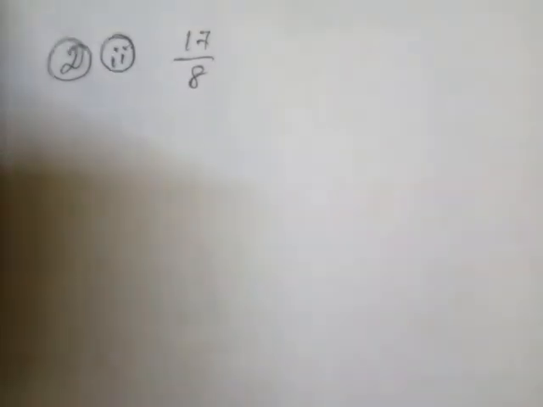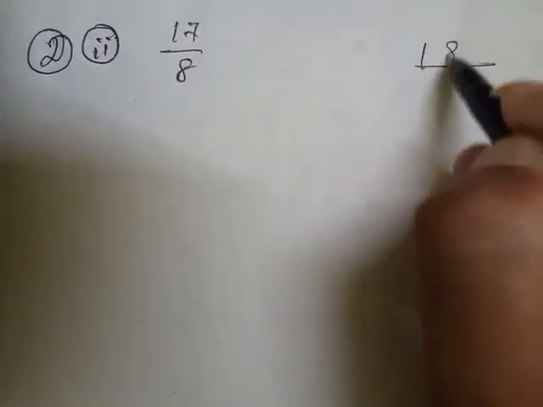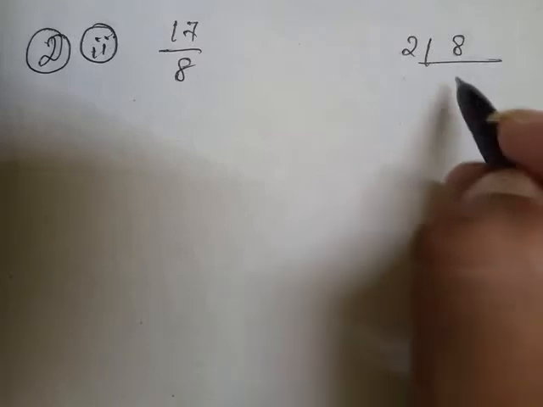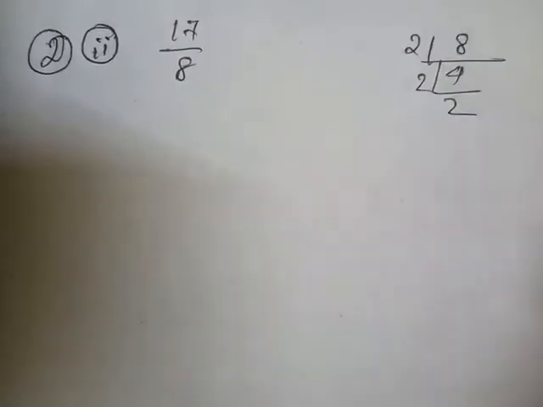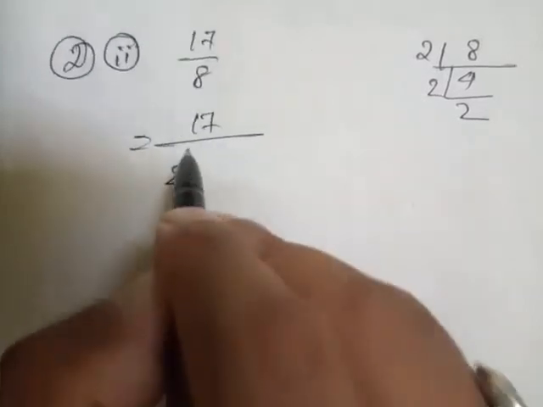Now the next question is 2 Roman 2, and it is 17 by 8. Now look, 17 by 8. Initially I will find out the prime factors of 8, which is 2 cube only. So here we have 17 by 2 cube.